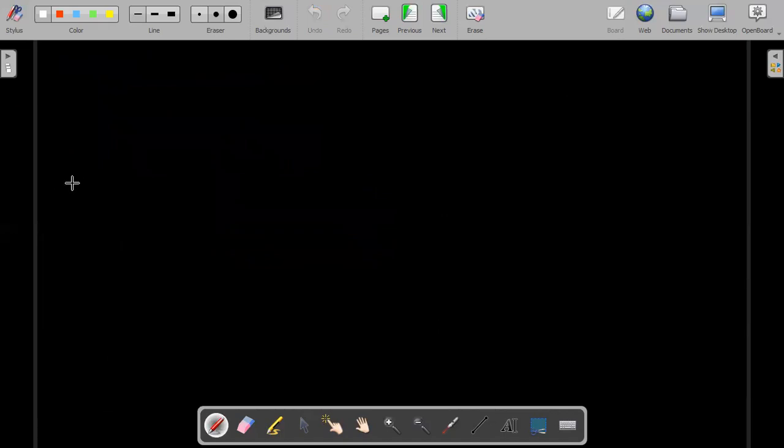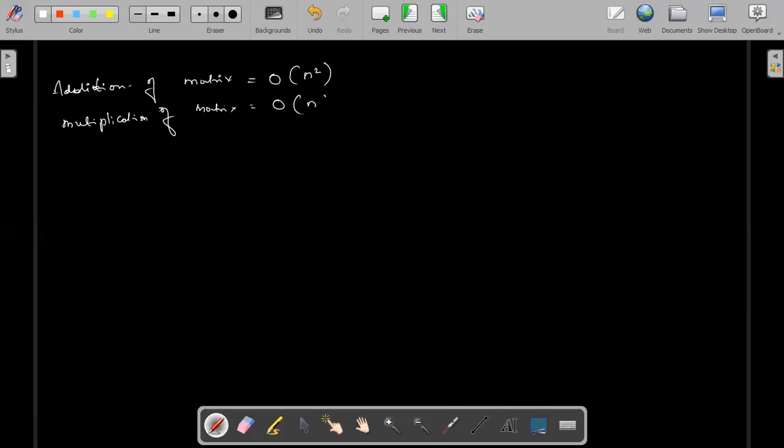For addition of matrix, we are getting big O of n square, correct? Again, for multiplication of matrix, we are getting big O of n cube.